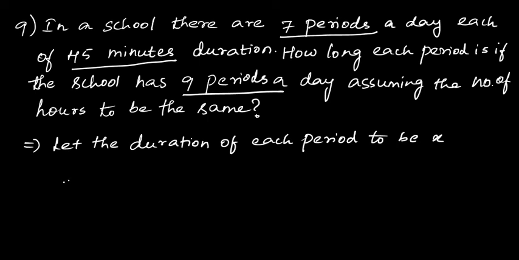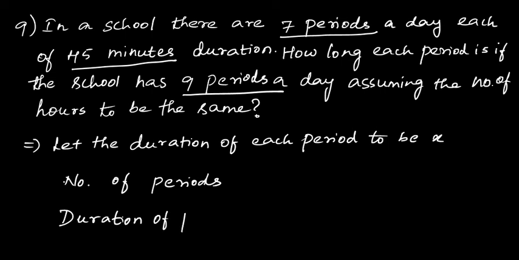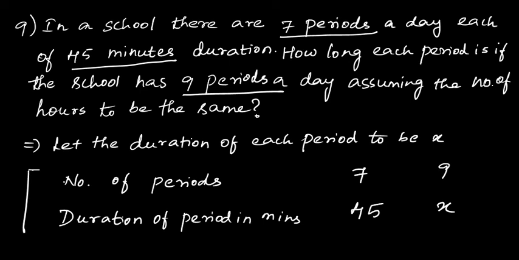So for the tabular column, we'll write number of periods and then duration of period in minutes. So there are total 7 periods and each is having a duration of 45 minutes. So instead of 7, if you have 9 periods, what will be the duration of that period? So we have assumed that value to be x.